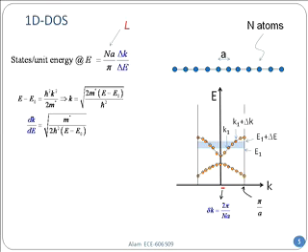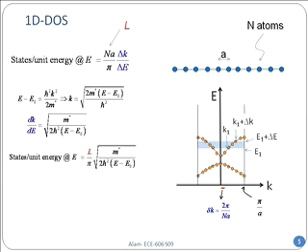Anyway, for this particular case, when it's a parabolic band structure, then I have this particular relationship. I insert this dE dk in the first equation. So that gives me an expression that has solely energy in it.